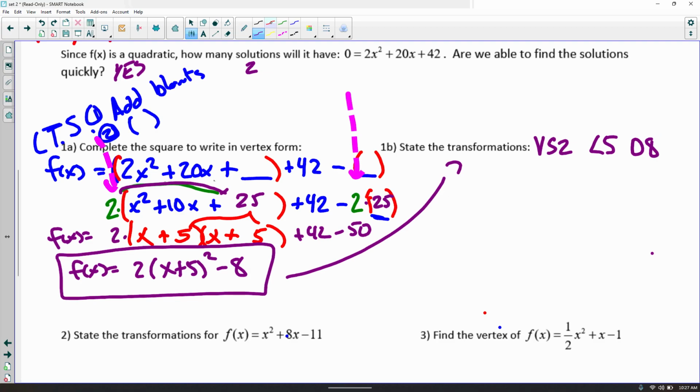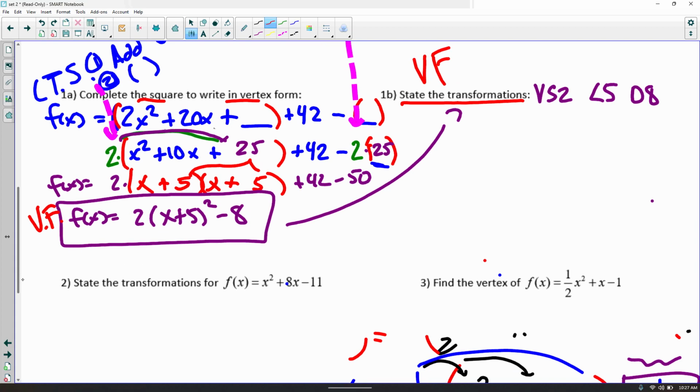All right, so this one here said complete the square into vertex form. We started in standard form right here. We finished in vertex form right here. If I ask you for transformations, you must be in vertex form, which means I would have to complete the square.